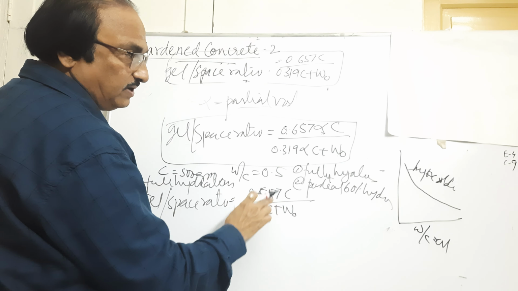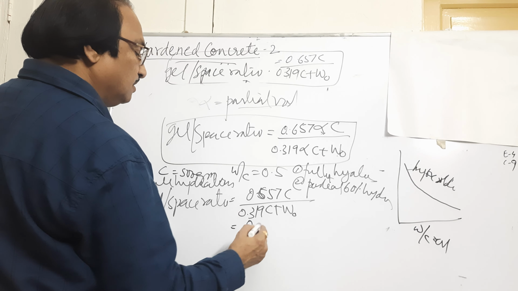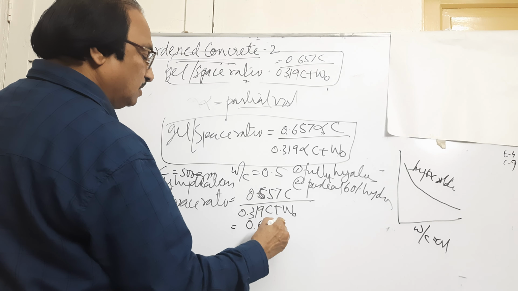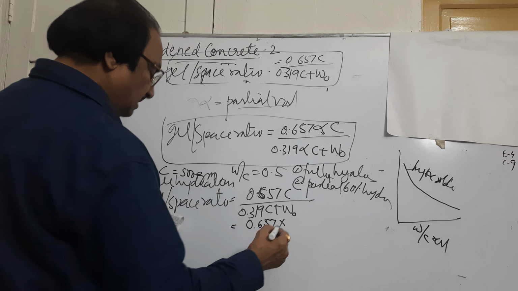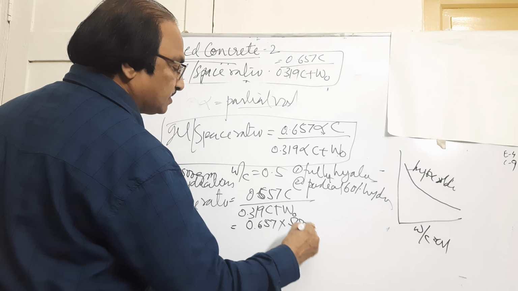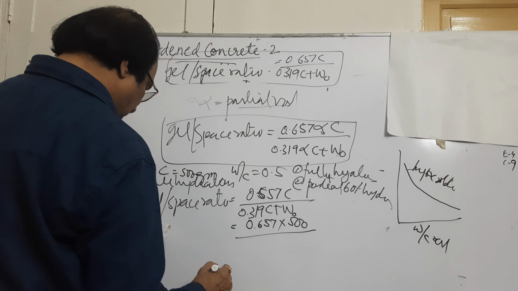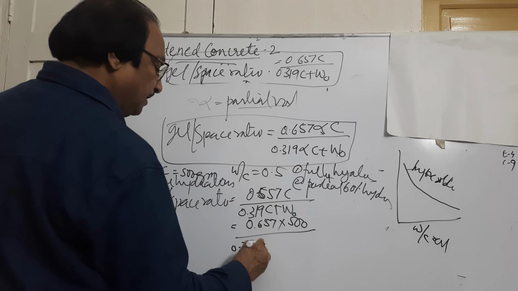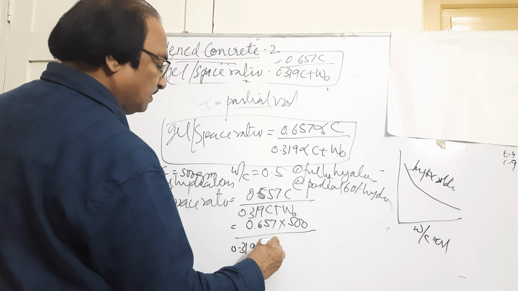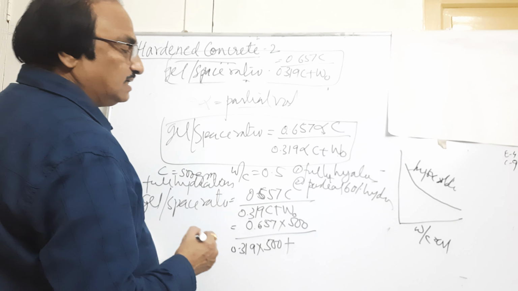This is the formula where alpha is 1 because it is 100% hydration. So I substitute the value 0.657 into the amount of cement added, 500 grams, since this is for 1 gram, divided by 0.319 into the quantity of cement, 500, plus W naught. W naught is the water that is available.